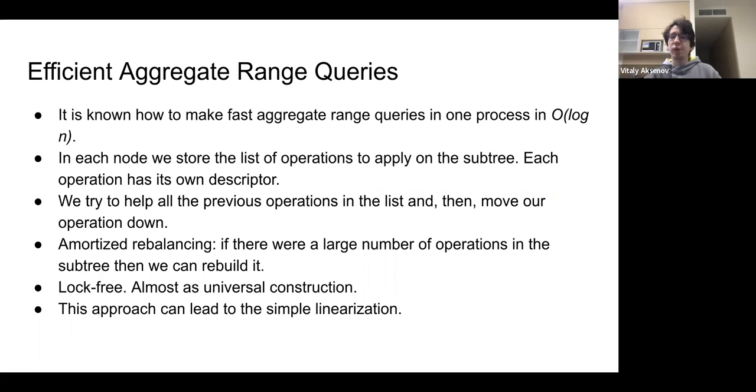If you want to do efficient aggregate range queries, you know that in balanced trees you can compute range queries, for example the sum, in logarithmic time, if you store at each node the sum of the elements in its subtree. We came up with an interesting approach: in each node, we store the list of operations to apply on the subtree. To make this lock-free, each operation tries to help all the elements at the beginning of the queue.